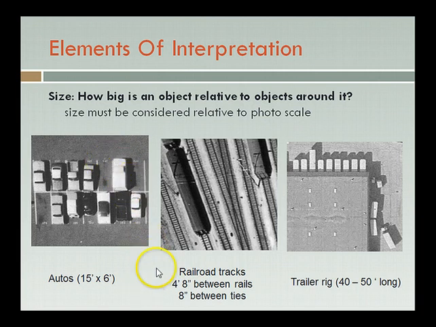But we can tell, and we know intuitively, that something approximately 15 feet long is probably not a train or a tractor-trailer rig. And so we can train computers to be looking for objects of specific size. But when we're looking at this in photographs, we always have to be very careful to consider the scale of our photograph as well.